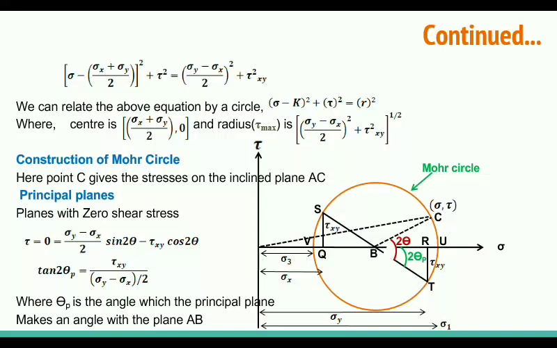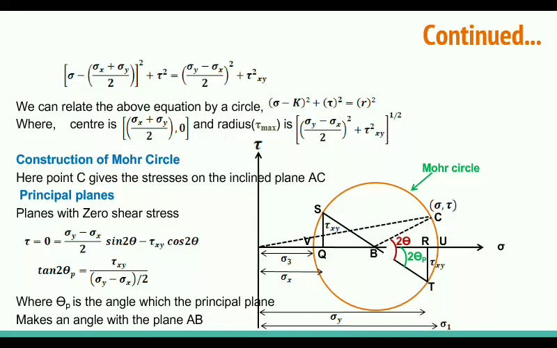On the plane BC, there is a sigma x and there is a tau xy. So at the point S, what is the normal stress? The normal stress is equal to sigma x. What is the shear stress? It is tau xy. So at point S the shear stress is tau xy, and we have taken this convention as positive, so this will be positive.